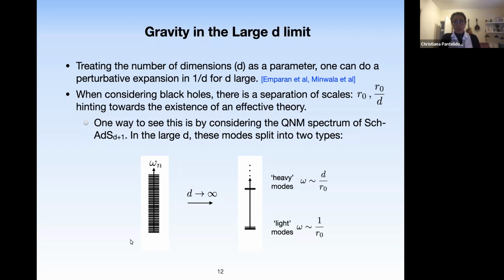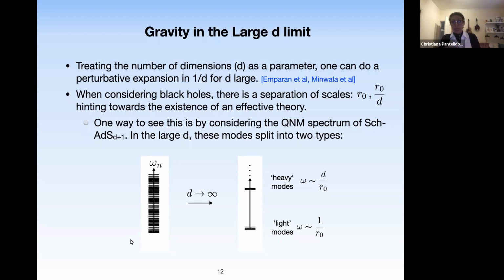Now, if we take the large D limit, this spectrum will split into two sectors. On the one hand, we have the light sector, which includes just very few modes, the so-called light modes, which have frequencies of the order of 1 over r0.